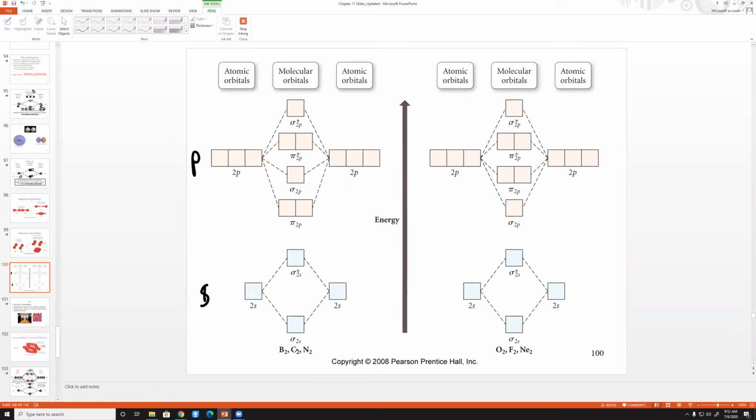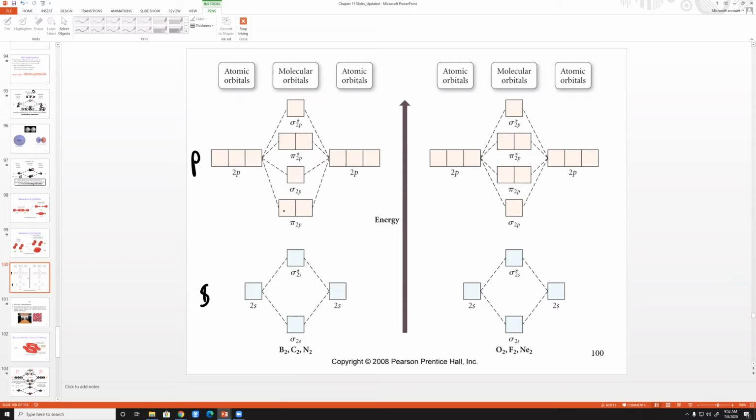For boron, carbon, and nitrogen, right? We're only talking about 2s here. For boron, carbon, and nitrogen, the first three, this is the energetically favorable state. So the lowest orbital that you fill up is the pi orbital here, the pi bond subshell.